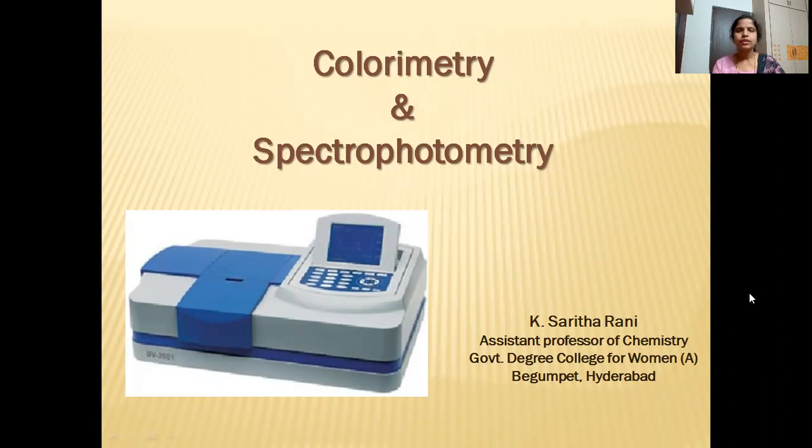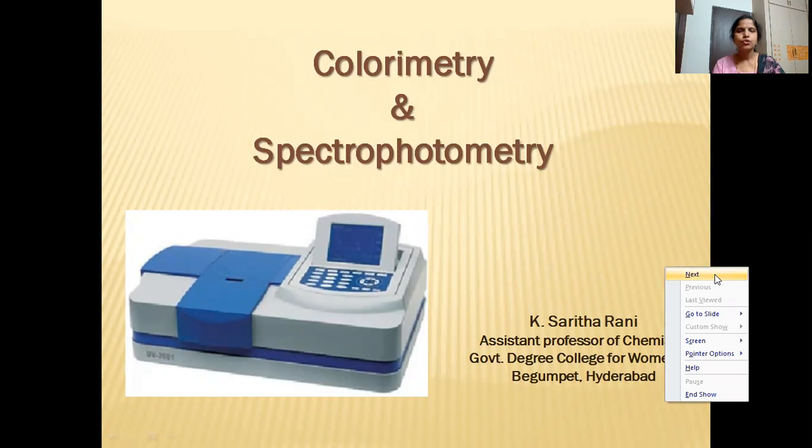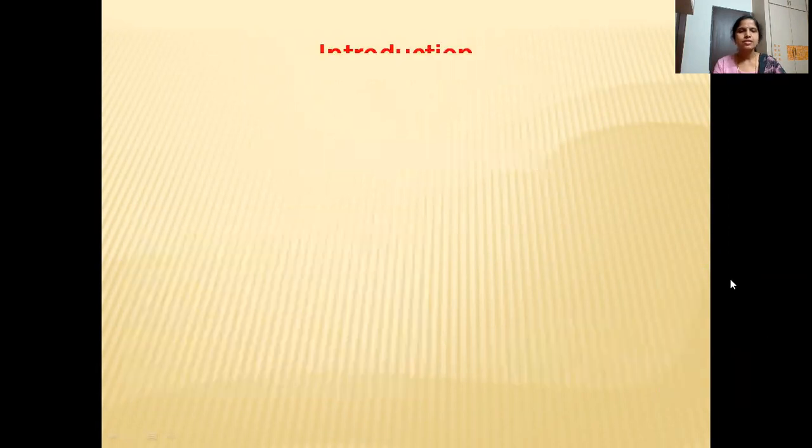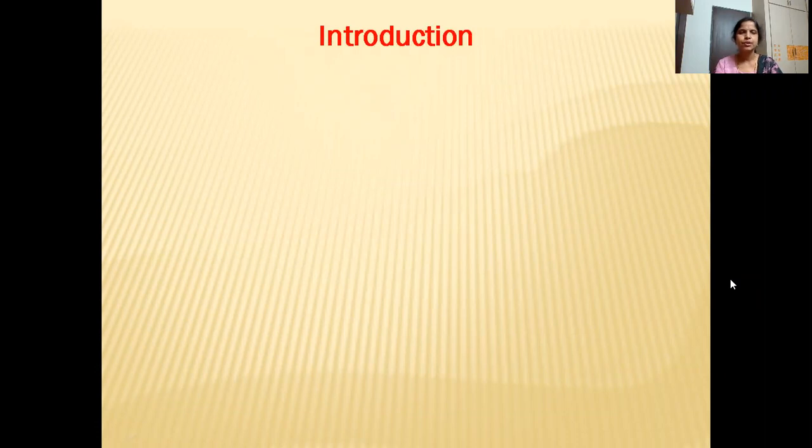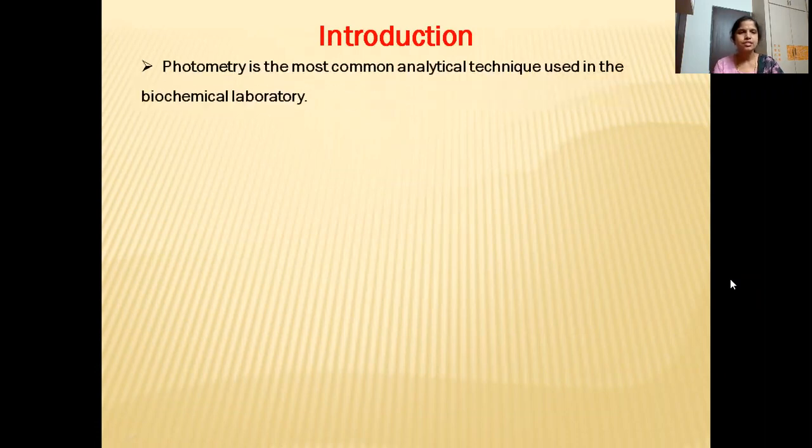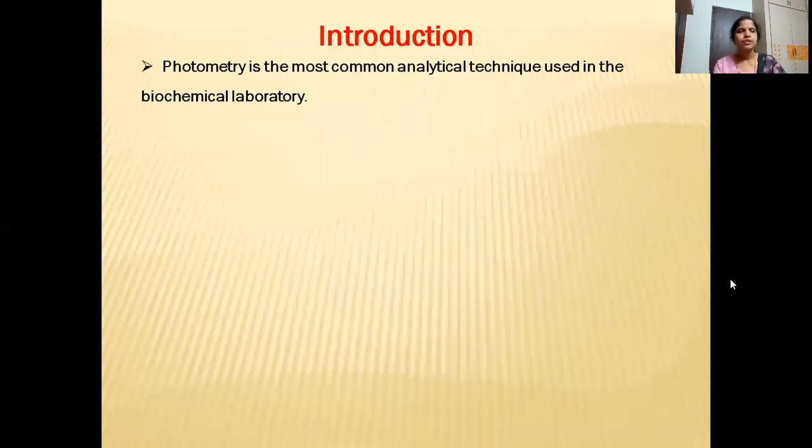So before going into this topic, let us know what is photometry. As these two techniques are concerned with that of light, because we can study these photometry and spectrometry when the light interacts with the matter. So the study is known as general study, we call it as photometry.